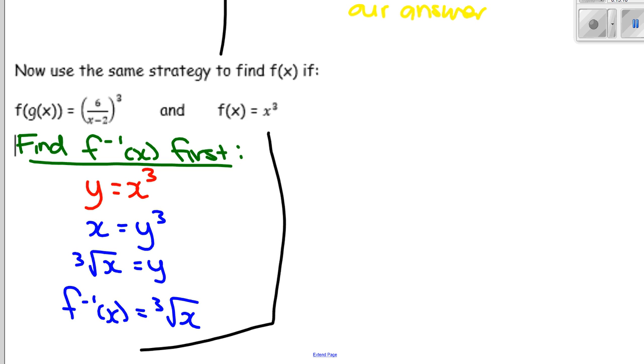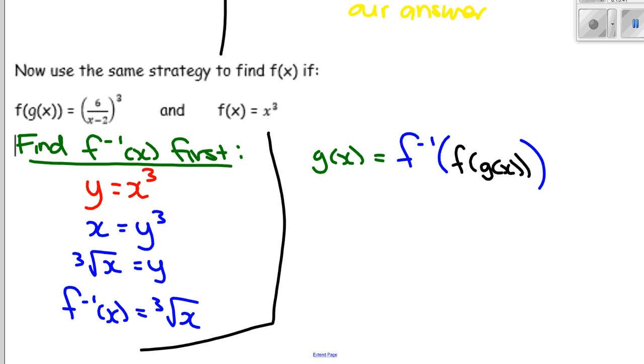Reminding us that g of x equals f of minus 1, and it's going to be a cube root, and we're going to replace the x with the composite. This is the composite, and the composite was f of g of x, not g of f of x. Now we can start to do that.